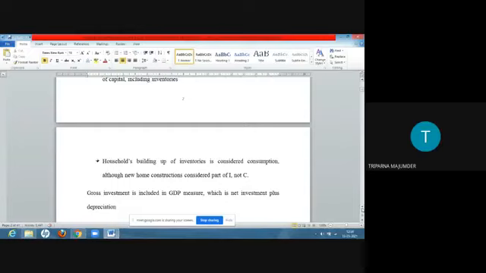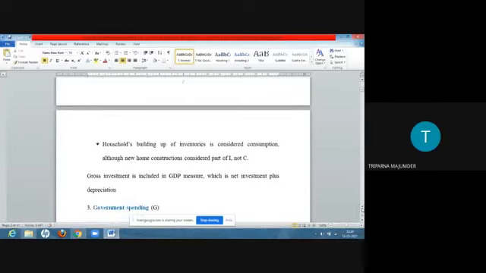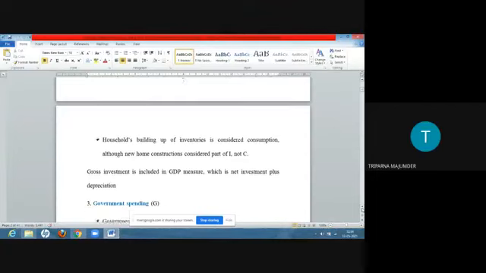So it will be included in C and not I. Now, gross investment is included in GDP measure, which is net investment plus depreciation. We know what depreciation means. We have just learnt about it.